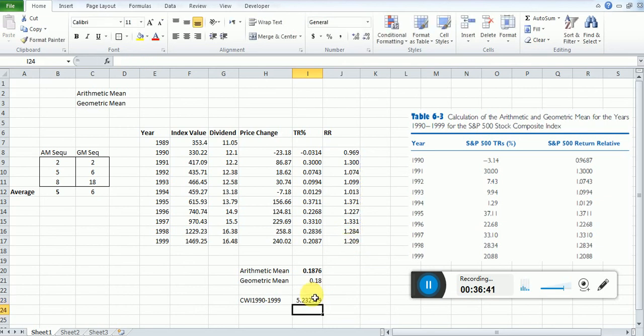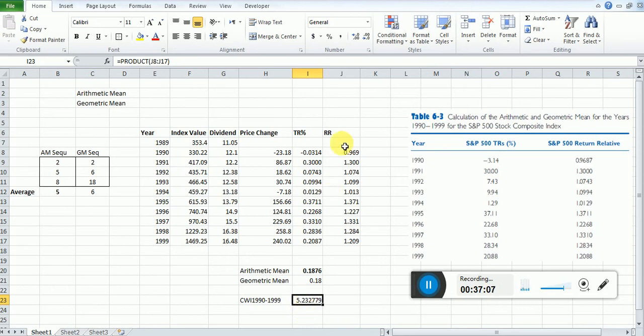That is equal to $5.23. What does this mean? We have already explained. If you make an investment of $1 in 1990, then in 1999, after 10 years, your $1 will increase into $5.23.